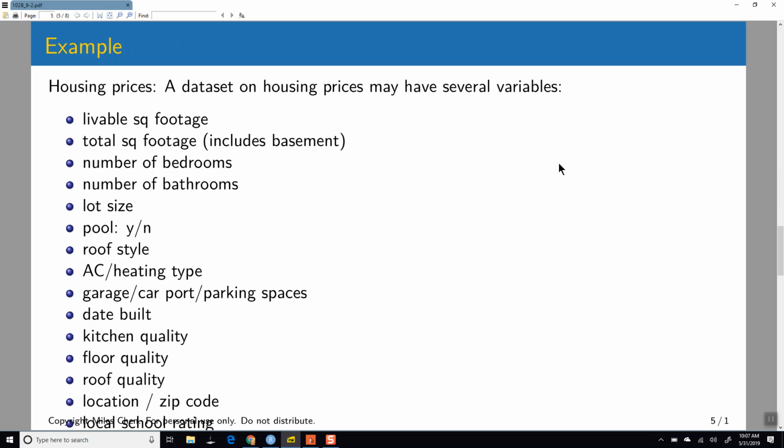And in a lot of these data sets, there's going to be a ton of variables, okay? You're going to have things like the livable square footage, the total square footage, or they might break it out into basement square footage and some kind of loft thing or something.